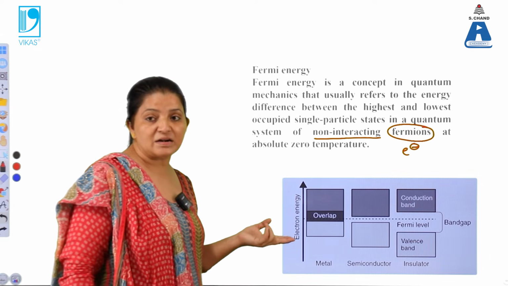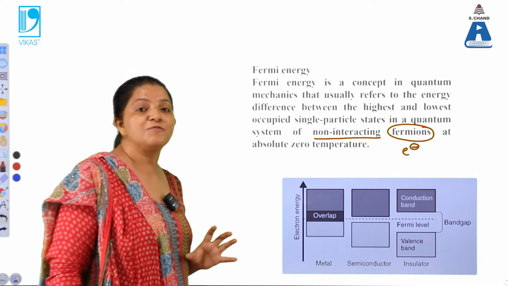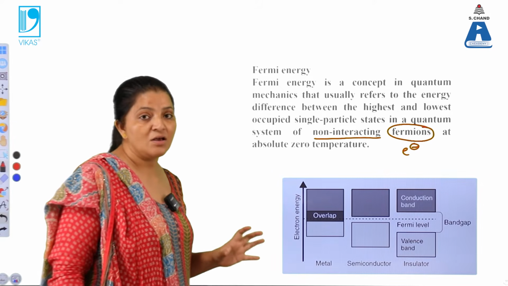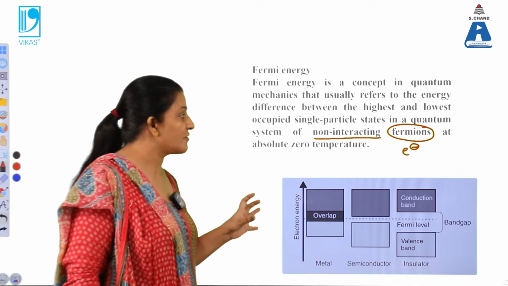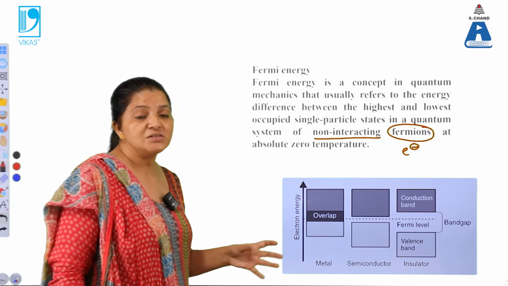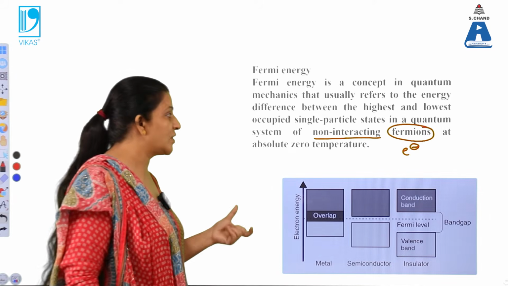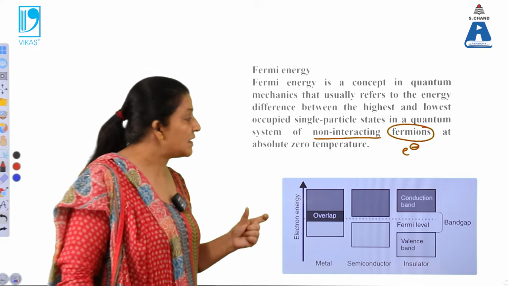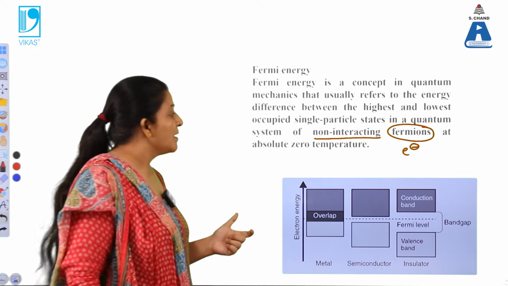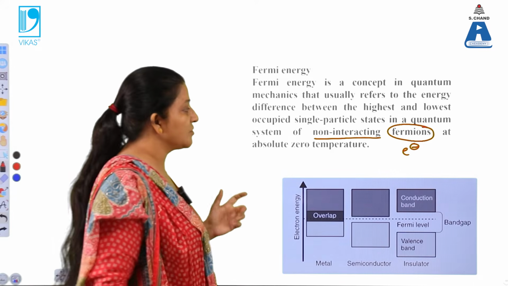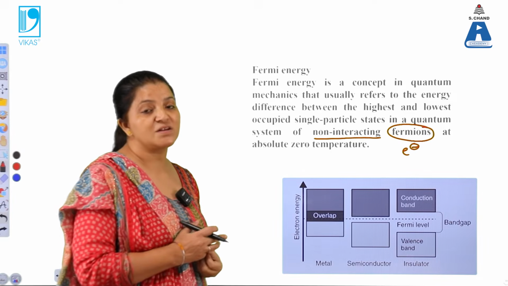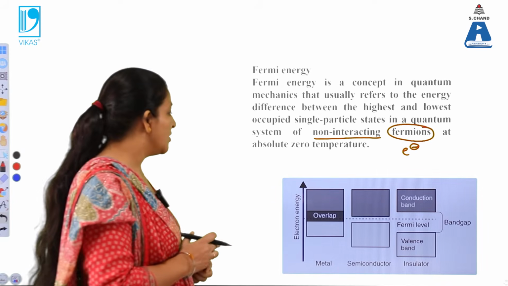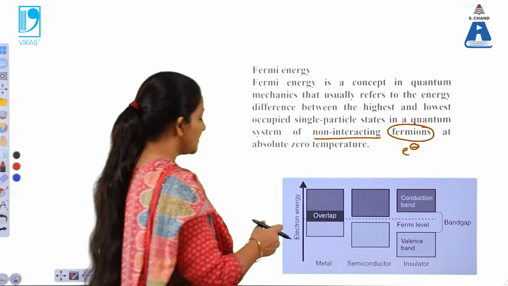They are non-interacting because they move freely inside the material, with no other collisions, and when collisions are present, they are elastic. That's why these are taken as non-interacting fermions. Absolute zero temperature means that all measurements are done at 0 Kelvin. So this is known as the Fermi energy.